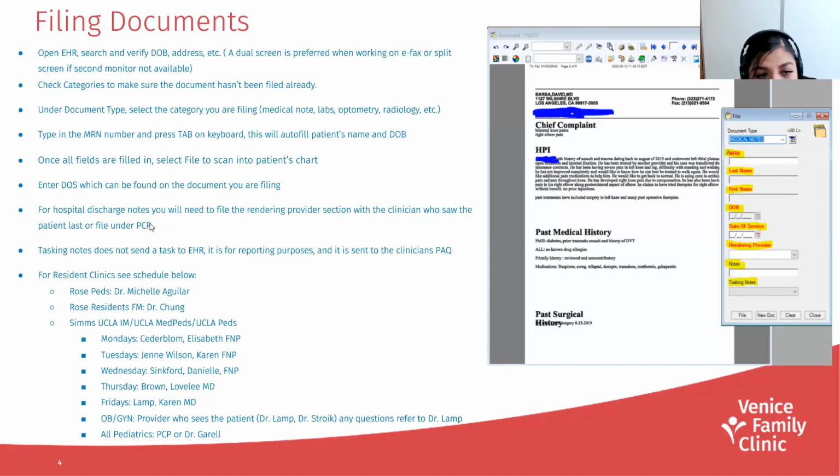For hospital discharge notes, you will need to file the rendering provider section with the clinician who saw the patient last, or file under the PCP. On EHR, you can find that. Whoever saw the patient last, you can free text here, and then you'll get a selection of the PCP or any doctor that you type in.